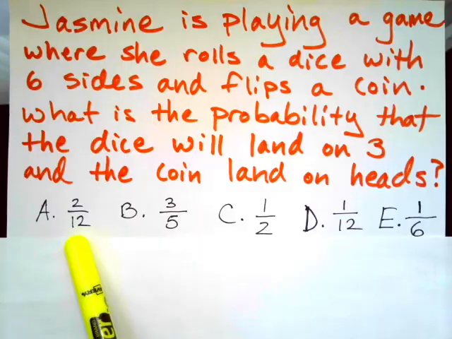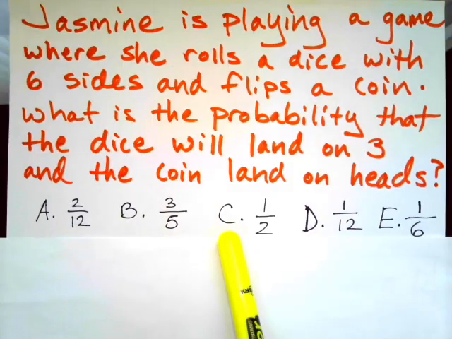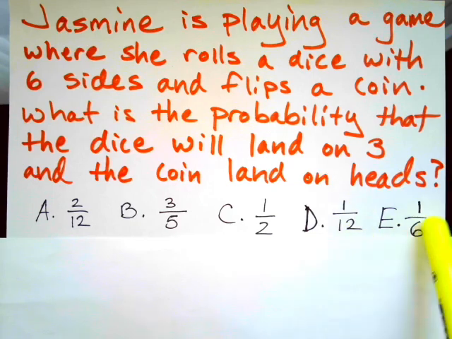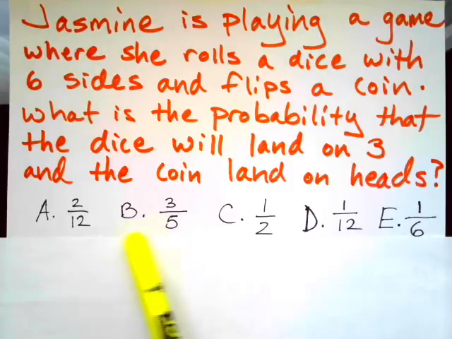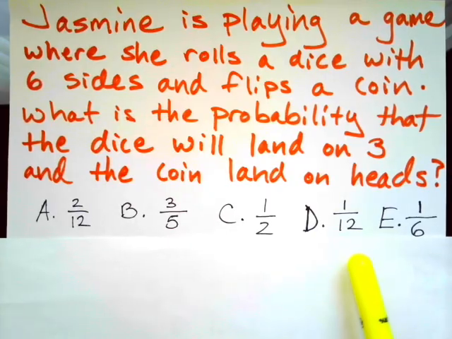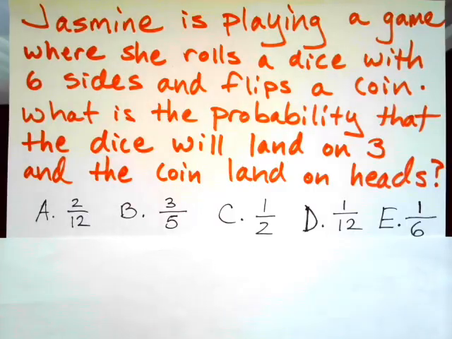A, 2/12, B, 3/5, C, 1/2, D, 1/12, E, 1/6. So let's take a look at these options and let's see if there's any information based upon the question that helps us to eliminate any of these options.